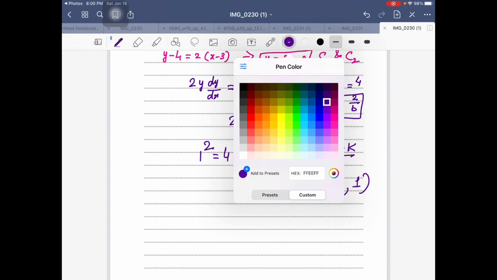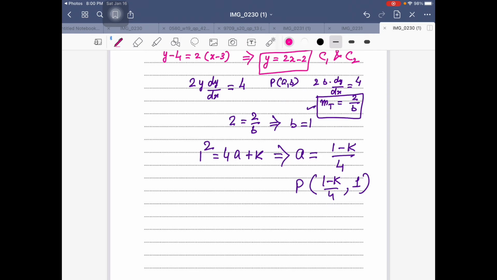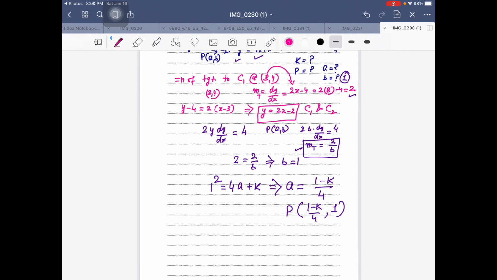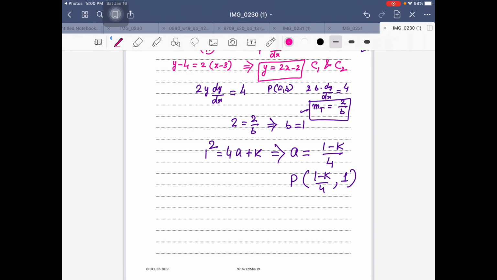I'll find the equation of the tangent to the second curve at point P, and the gradient of the tangent is the same, which is 2. So y minus y1, which is 1, equals the gradient times x minus x1, which is (1 minus k) over 4.